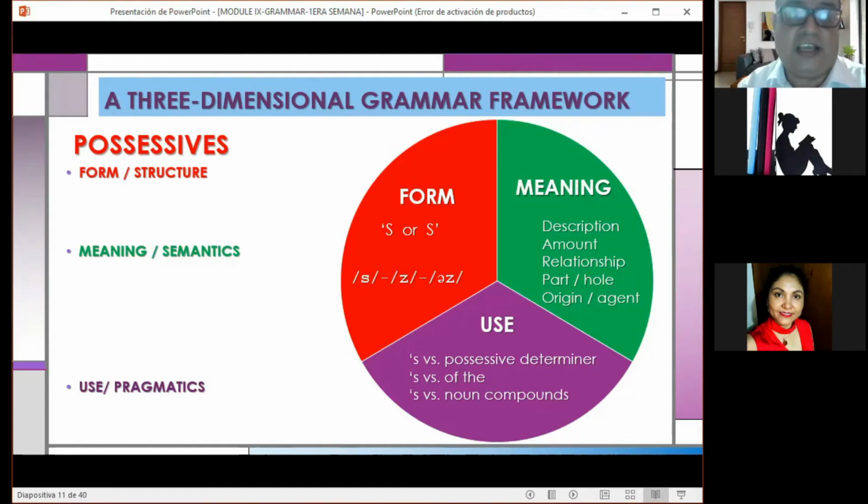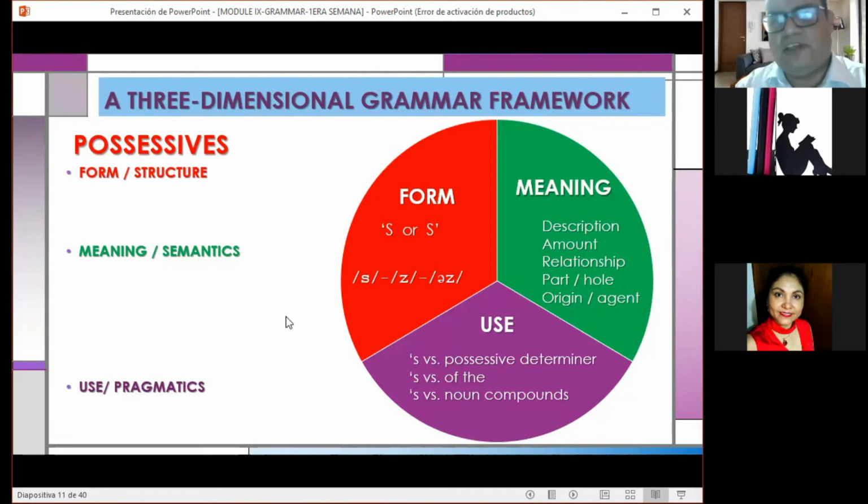And also to indicate relationships, no? Oh, he's my uncle. Oh, he's his uncle. Notice. So when do we use the apostrophe S and when do we use the possessive determiner? And also the paraphrastic expression of that, no? And the noun compounds, no? That we are going to talk about these relationships.